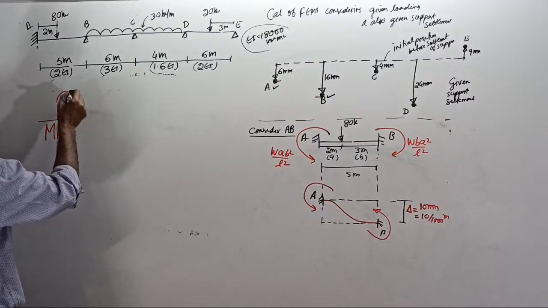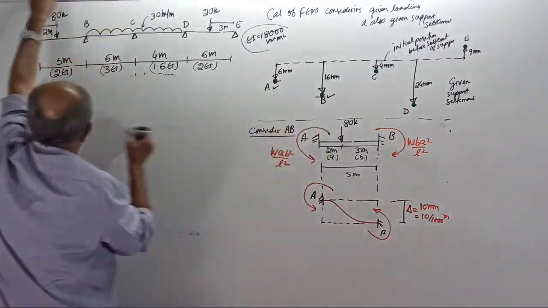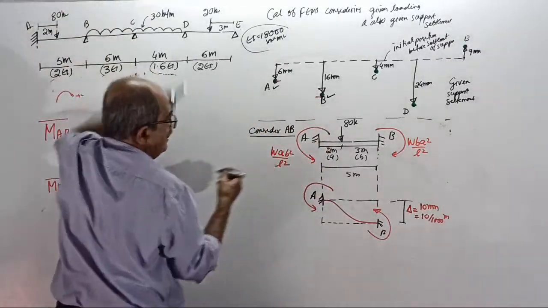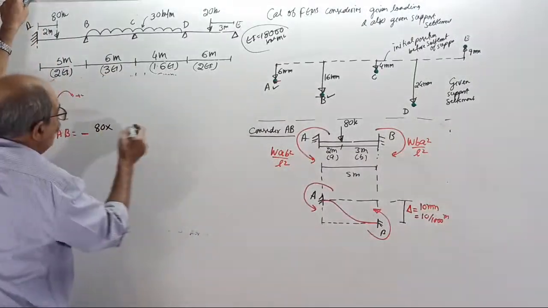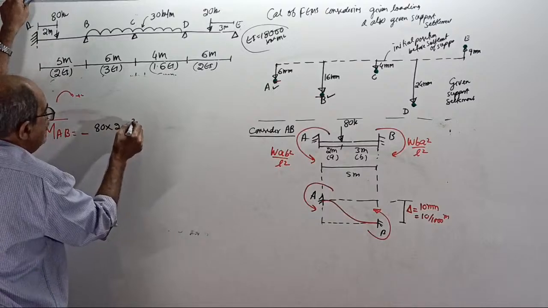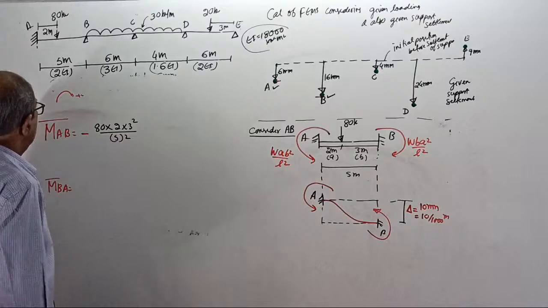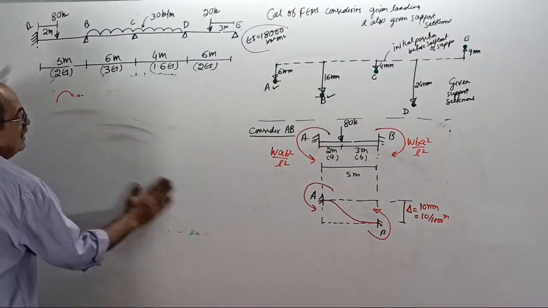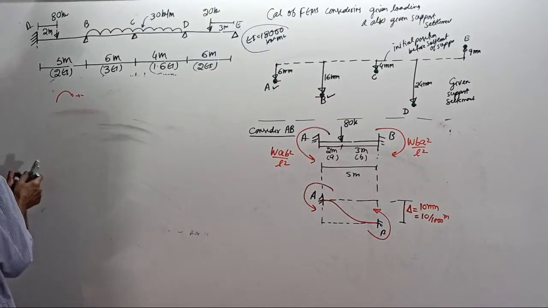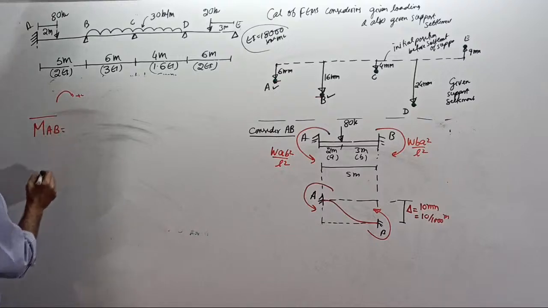Remember, clockwise positive. See here, due to loading anti-clockwise, minus. Write the formula here: minus 80 into 2 into 3 square divided by 5 square. Fully clear? Here I start. M bar AB, little later M bar BA.